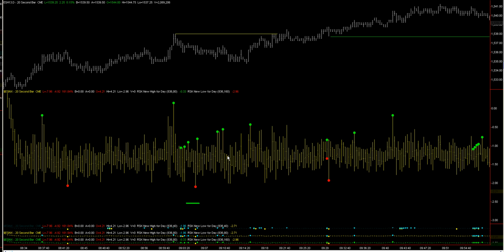Not only are we getting lower highs, we're also getting lower lows. But as soon as we get these lower lows, notice what starts to happen again. We get higher lows, all right, and higher highs. So right in here is really where we want to take our trade.